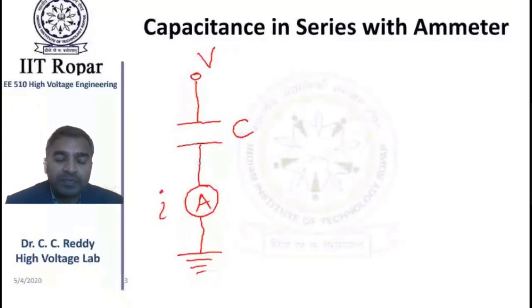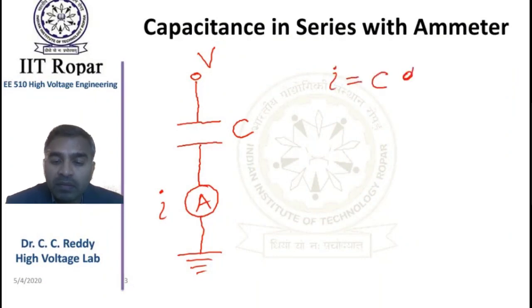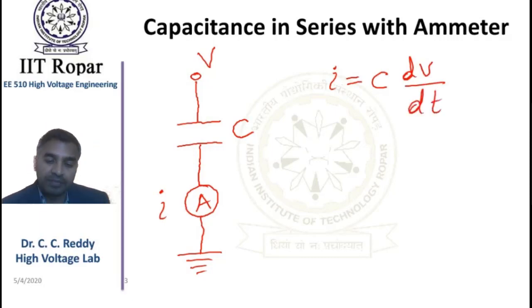What is I? I is C dV by dt. So this can measure AC voltages very easily.